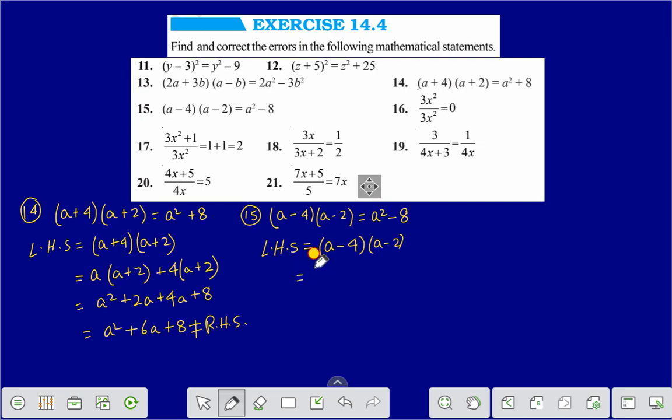That we are getting a into (a minus 2) minus 4 into (a minus 2). That we are getting a square minus 2a minus 4a. Minus into minus is plus. 4 into 2 is 8.